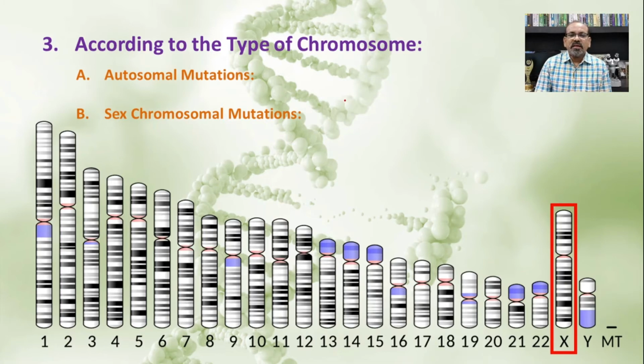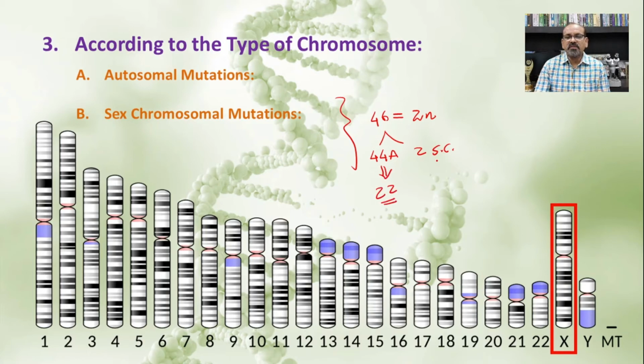As we know, in human beings there are 46 chromosomes, that is equal to 2n, the diploid chromosome number. Out of these 46 chromosomes, there are 44 autosomes and 2 sex chromosomes. So these 44 autosomes are present in 22 pairs, and the two sex chromosomes are X and Y. That is two X chromosomes in the female organism and X and Y chromosome in the male organism.